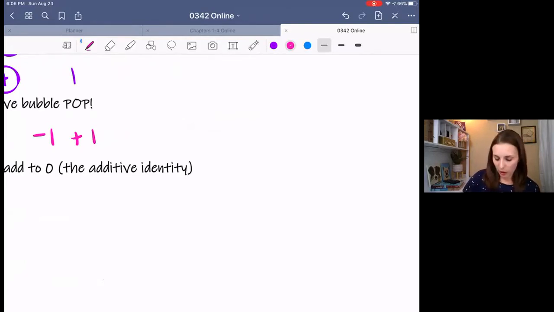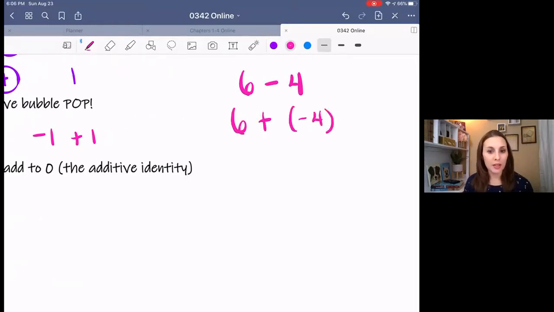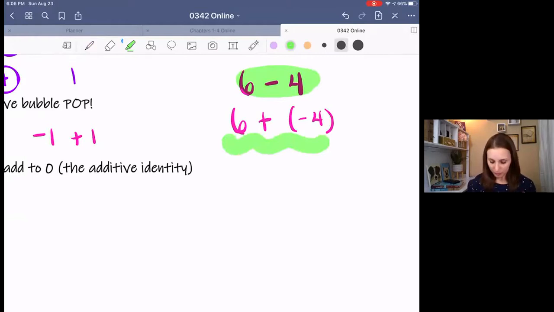So if you see 6 minus 4, that's actually 6 plus -4. In some textbooks, they just get rid of the plus and make it minus, which I'm okay with either one. They don't bother me. I grew up with this one, so that's what I'm used to writing, but you'll probably see this more often because it is a little more technically correct.